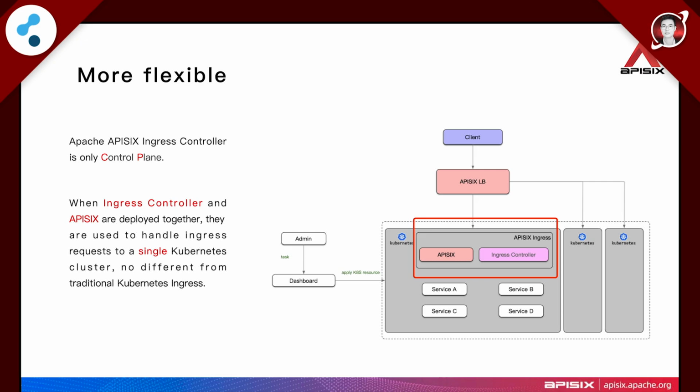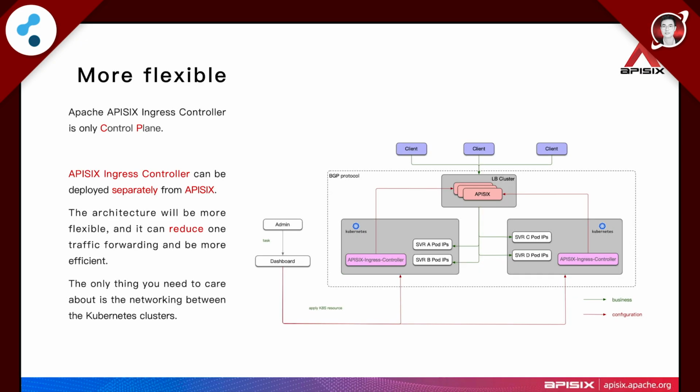Okay, let's come back and talk about the flexibility of the architecture of Apache APISIX Ingress controller. Apache APISIX Ingress does not combine controller and proxy like other ingresses. The advantage of this is that you can deploy them together or separately. When Ingress controller and APISIX are deployed together, they are used to handle ingress requests to a single Kubernetes cluster, no different from traditional Kubernetes ingress.